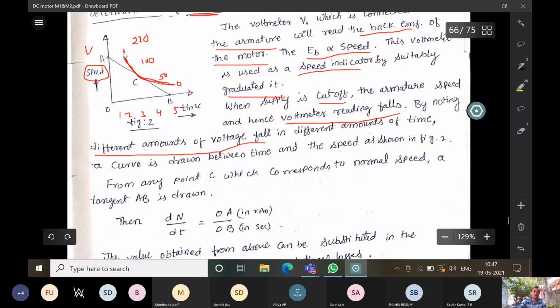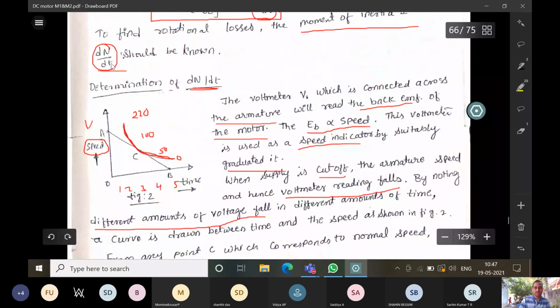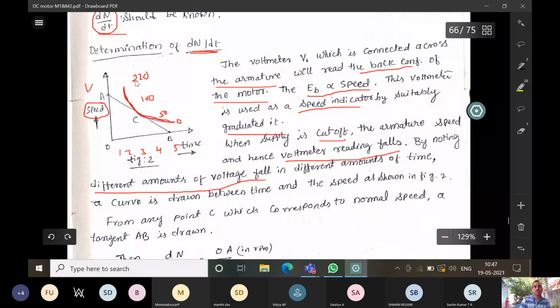With respect to time you can plot either voltage or speed, since both are directly proportional. Here we have used the voltmeter, hence you can put the voltmeter reading. Corresponding to 220 volt, suppose we have 1500 rpm, so you can also calculate the speed for 100, for 50, and for 0.